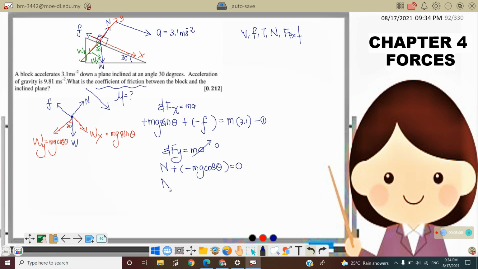Or we can write it as normal force equals mg cos theta, because the force acting upward equals the force acting downward. So this is our second equation.